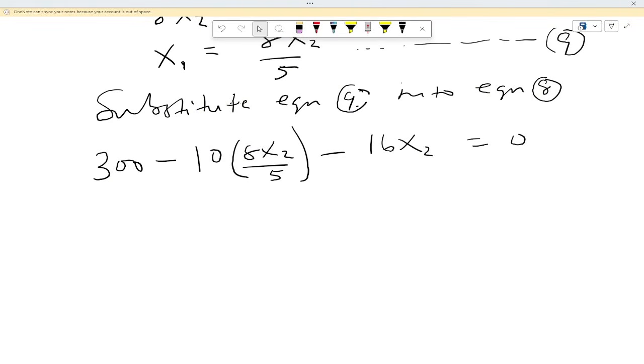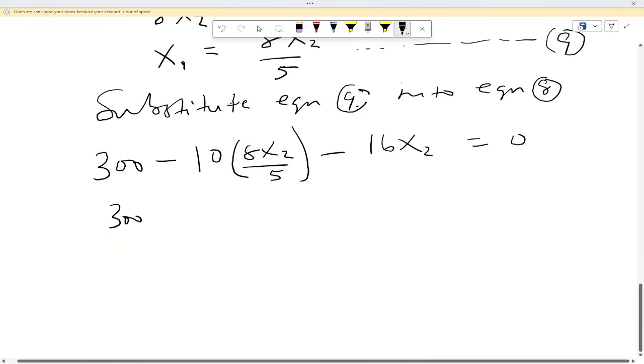You can decide to use the long method of LCM, where after clearing this up you have 300 like this, 10 times 8, you have 80x2 all over 5, minus 16x2 equal to 0.